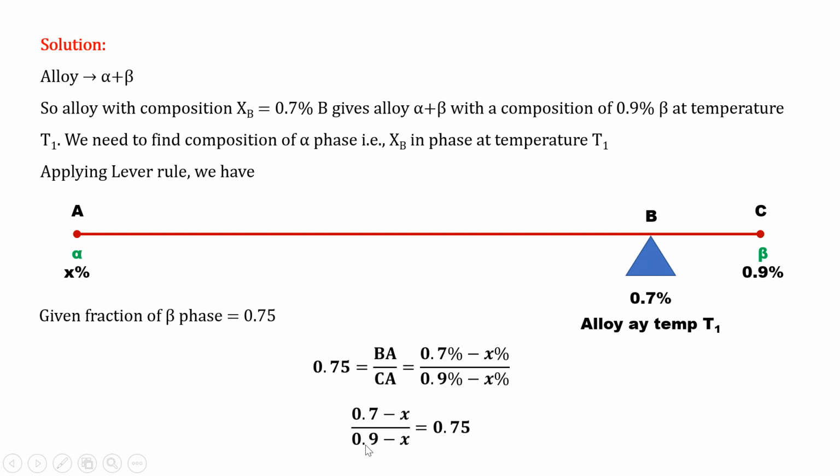Okay, we are cross multiplying, taking this to the top. So it will be 0.9 into 0.75 minus 0.75x, right? So this numerical part we will take to this side, that is 0.7 minus this multiplication, 0.75 into 0.9. And here we will take this x to the other side.